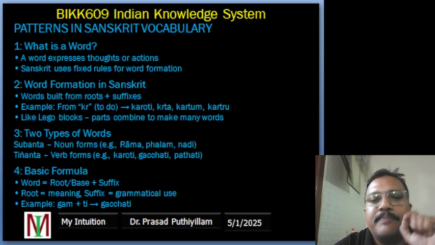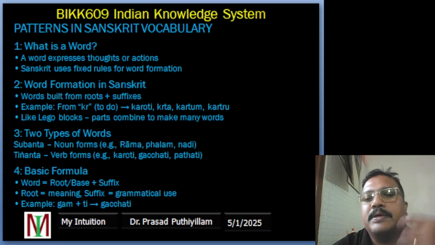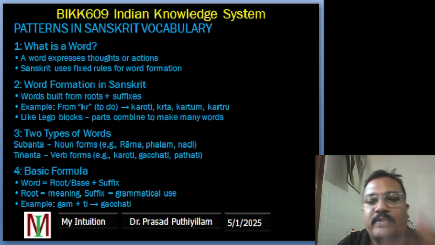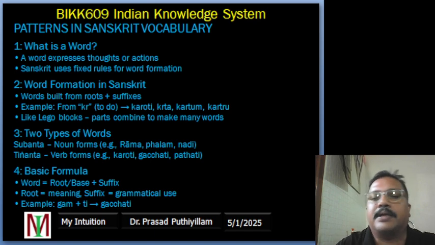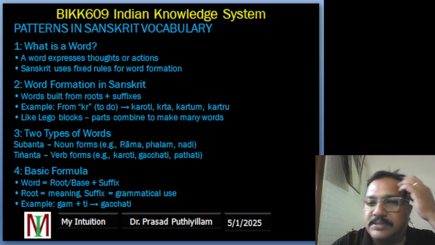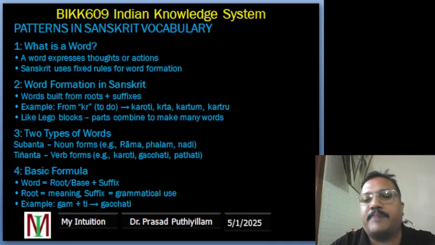Unlike some languages where word forms change over time in unpredictable ways, Sanskrit kept its structure steady and clear. Now, word formation in Sanskrit: the language builds words in a very systematic way using building blocks called roots and suffixes.